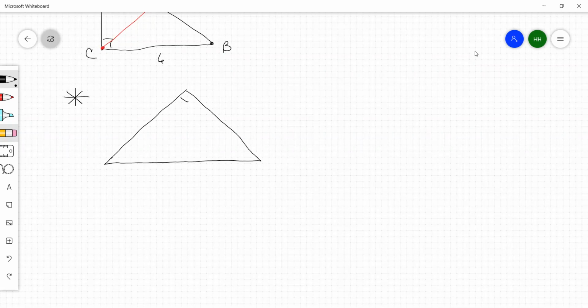Got a right triangle, ABC. We've got an altitude drawn to the hypotenuse. This altitude also represents the height of the triangle, so we're going to call it H. This altitude divided this hypotenuse into 2 pieces. We're going to call one piece X and the other piece Y. And where this altitude hits this hypotenuse, we're going to call that D.